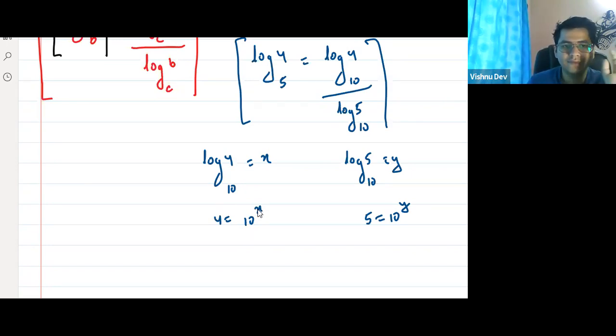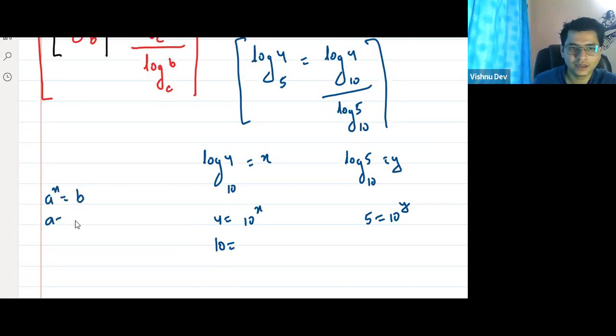Anyone have any doubt till this point? Tell me. No, sir. Very good. So here, can I write like this? Using the property, A to the power x is equal to B, so A is equal to B to the power 1 by x.